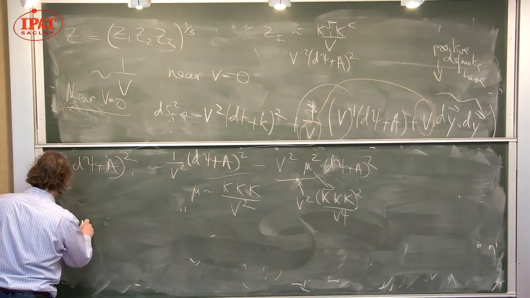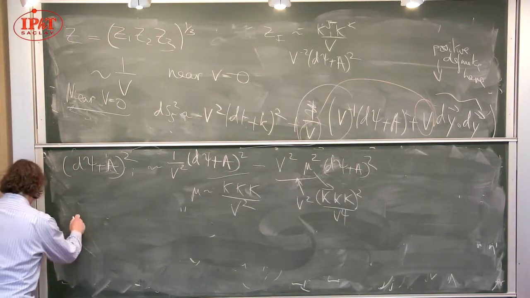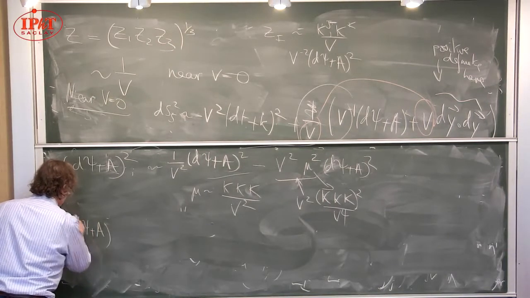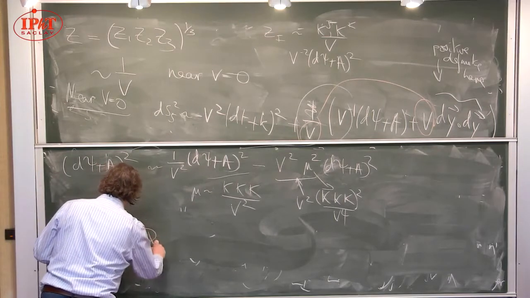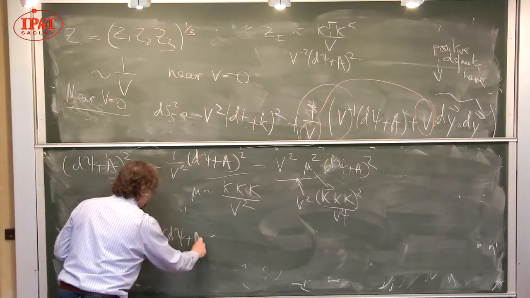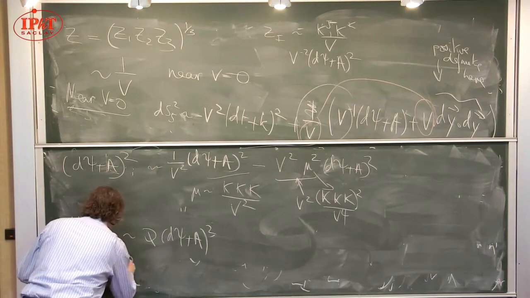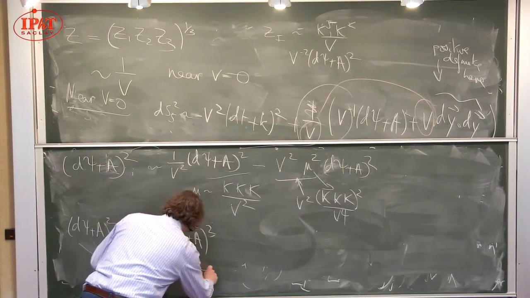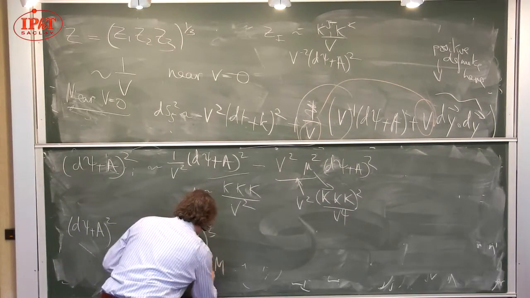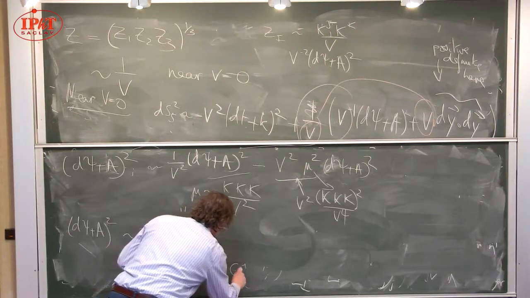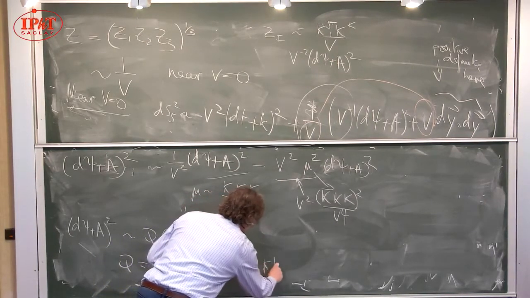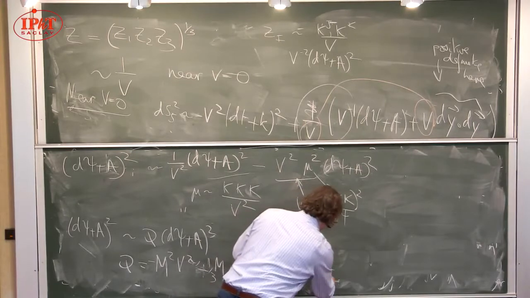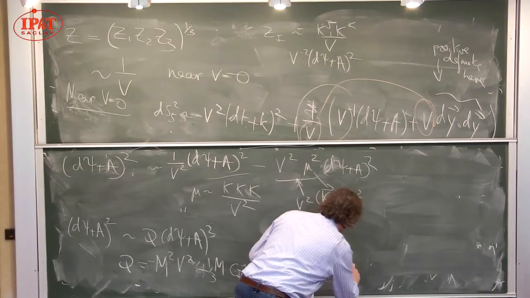That the coefficient of (dψ + a) squared is proportional to something which is basically what we call q (dψ + a) squared, and q is equal to, and it's a terrible long thing, minus m squared v squared plus m a third minus a third m, this is in the notes, c_ijk k_i k_j k_k, plus minus m v k_i l_i.